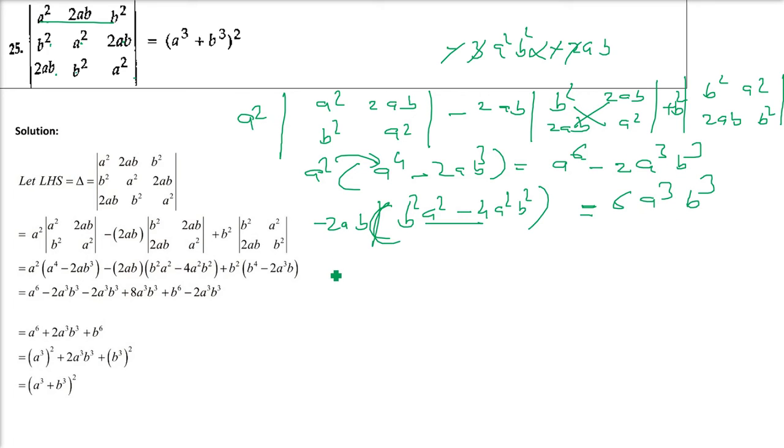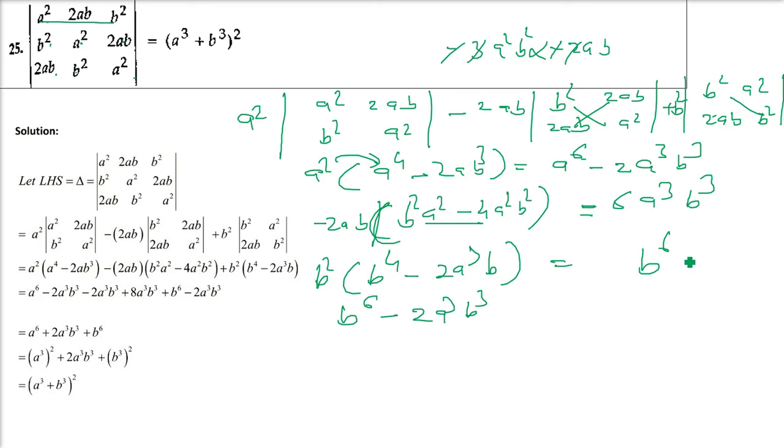We are going to add them ultimately, but it is B square times B raised 4 minus A square, 2AB is 2A cube B. Now multiply this inside. What do you get? It is B to the power 6 minus 2A cube B cube.